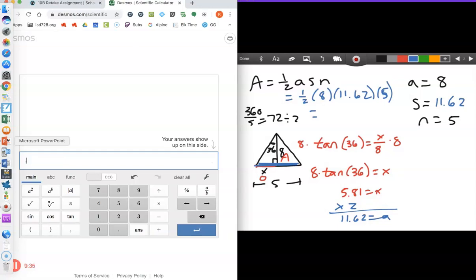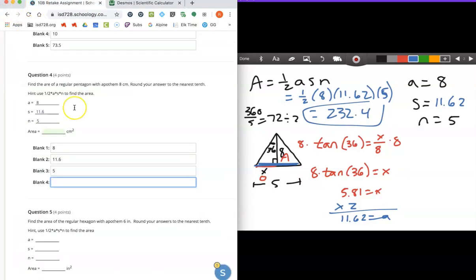So check with me if you think your answer is really close to this, but you're not getting credit. So 1/2 times 8 times 11.62 times 5. 1/2 ASN. So we get 232.4 square units, whatever the units were.